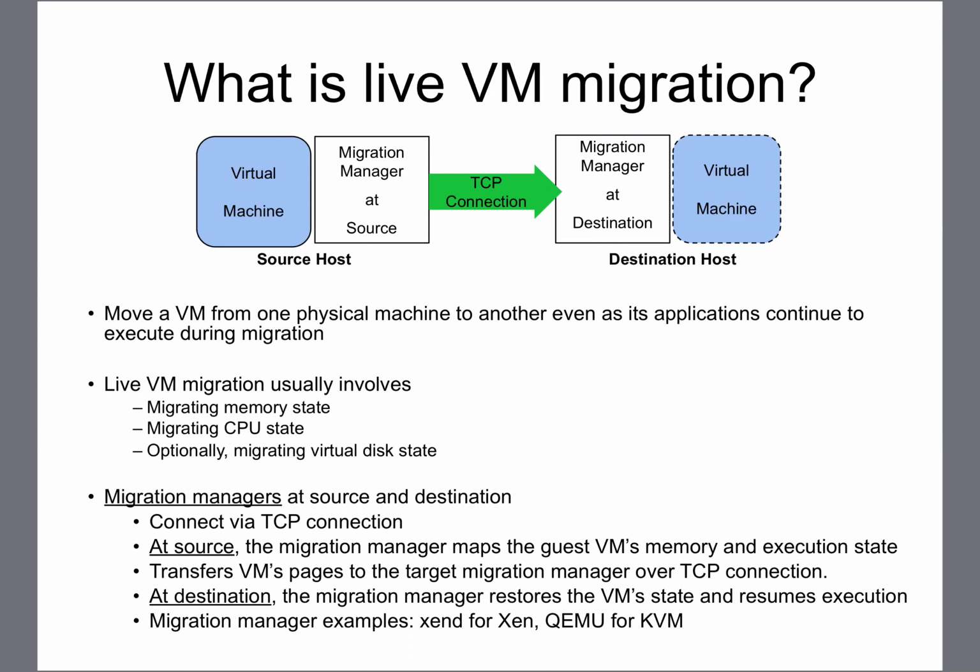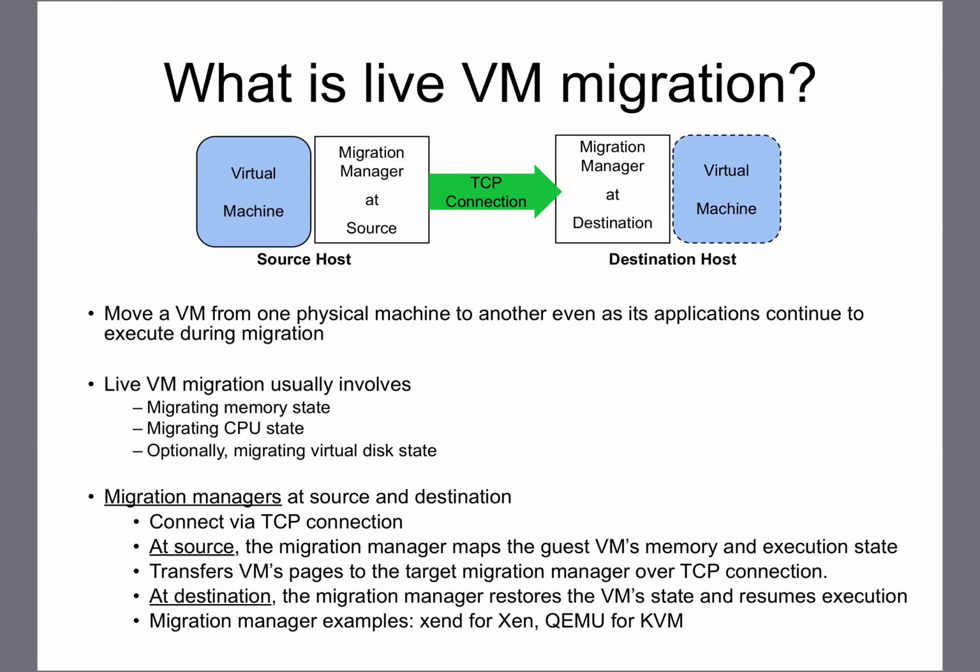So our goal in live migration is to keep the VM as live as possible, executing for as much time as possible. And then we talked about how, when migrating a VM, you have to move the CPU state, the IO state, and the memory state.